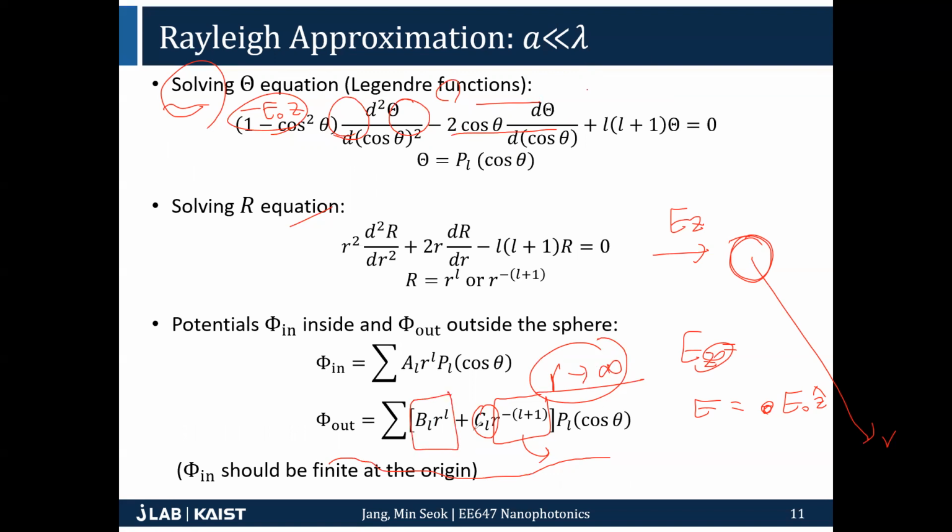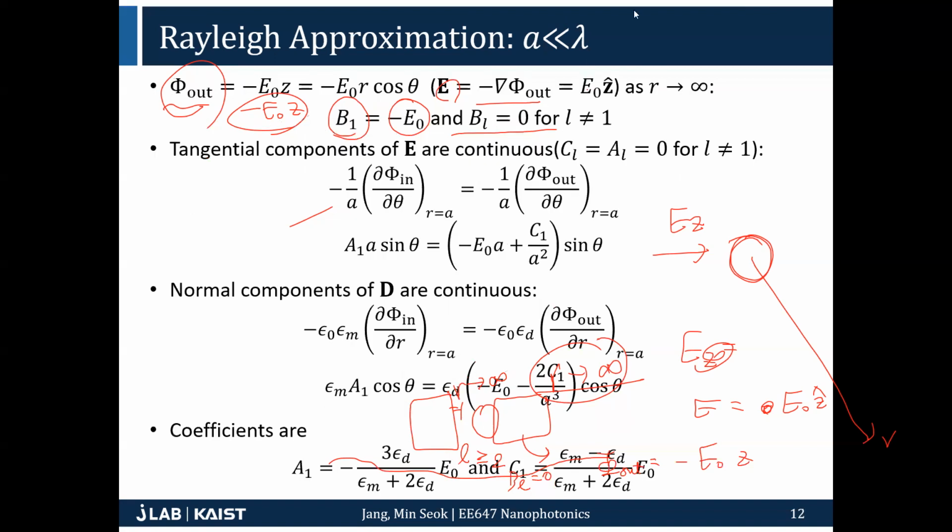But when R goes to infinity, we know that psi out must be minus E0 Z. In order to satisfy this condition, for L larger than or equal to 2, B_L should be 0, and only for L equals 1, B_L can have some form, which is E0. So the B coefficients are determined from the boundary condition at infinity.